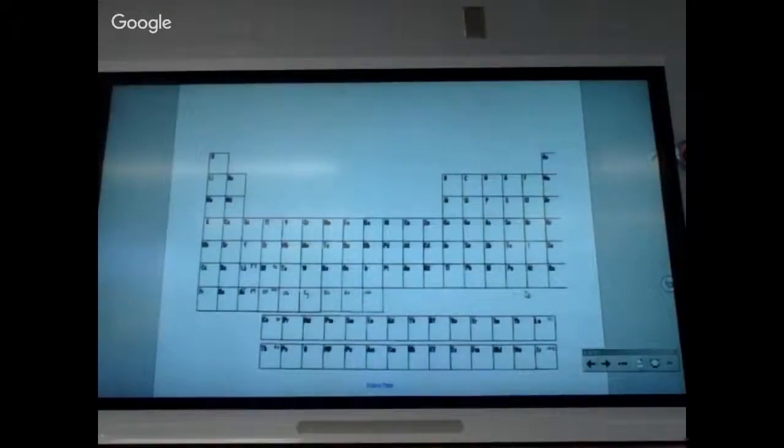Miss Wall, is E a certain answer or can it be multiple? One answer. It's one answer. I don't know.